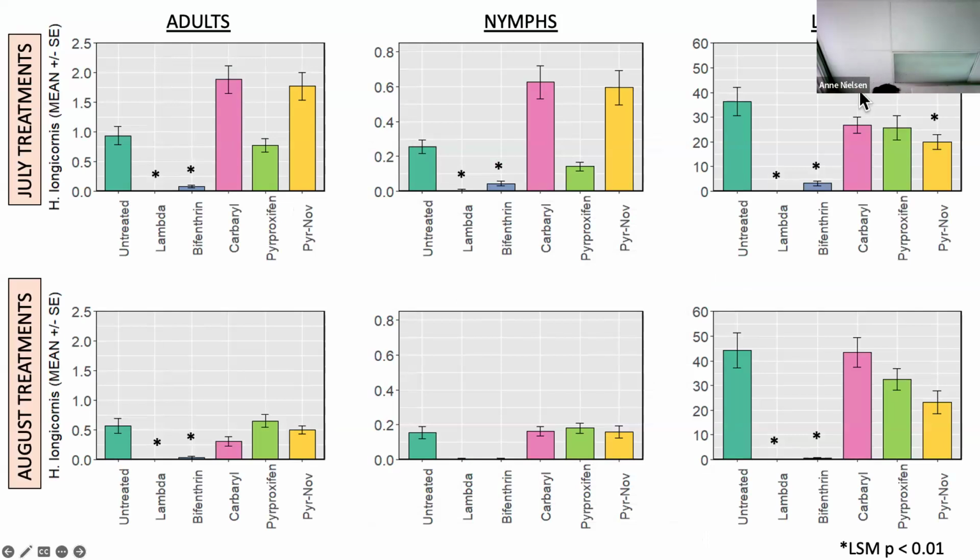Lambda-cyhalothrin and bifenthrin were consistently good for all treatments, but carbaryl, pyriproxyfen, and Pernoff didn't make any difference compared to the untreated. A very minor difference we found with Pernoff with larvae in this very specific instance, but we don't think that collectively is significant.